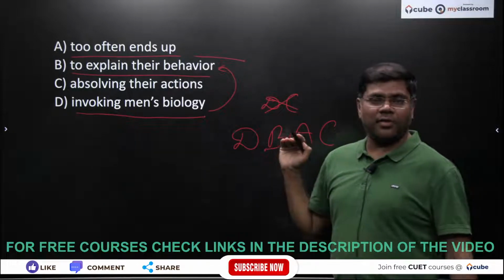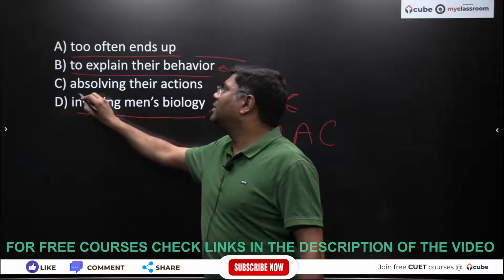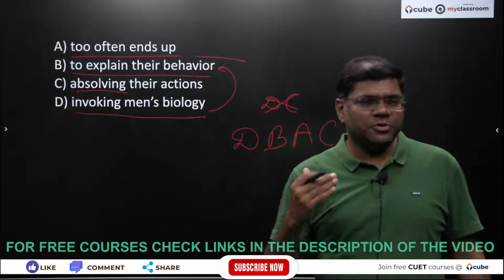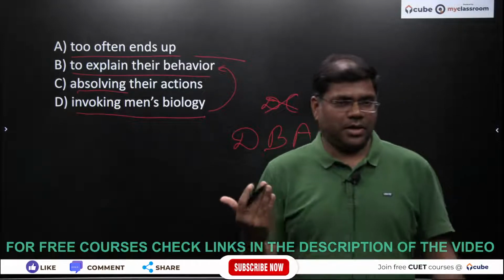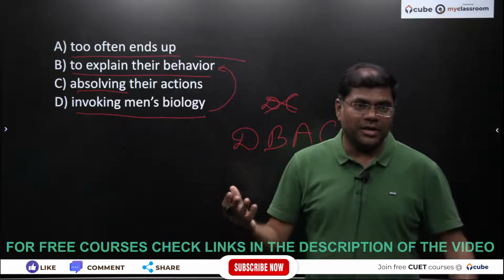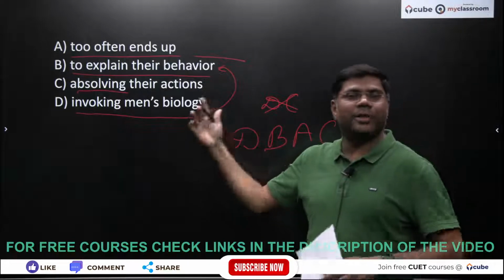You must understand the meaning of the word absolving. Absolving basically means to free from guilt. Suppose you have been blamed for something, but you are not the person who has done it, or not to be blamed for that. If you come out of that blame, then you are absolved of it.